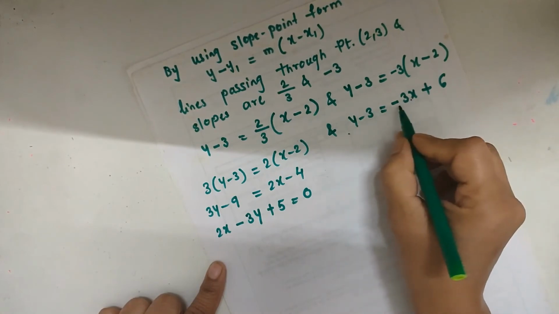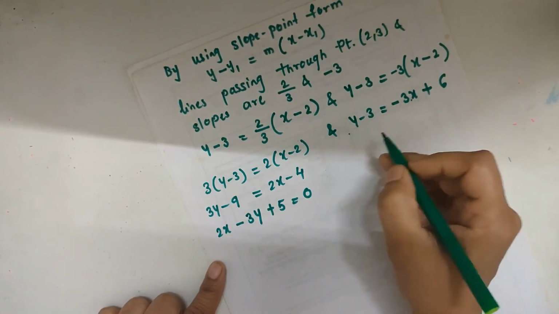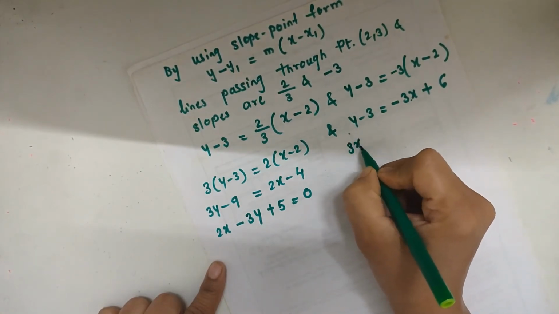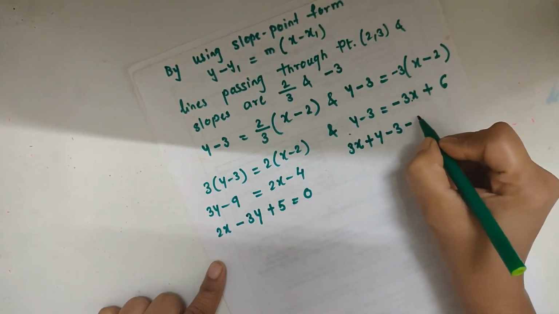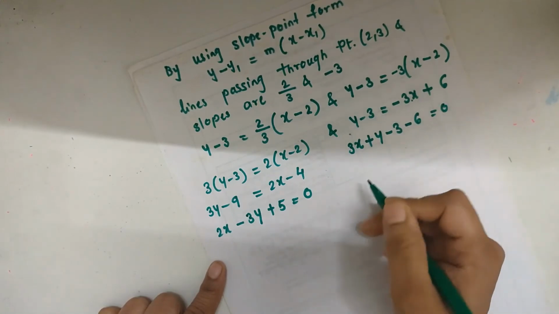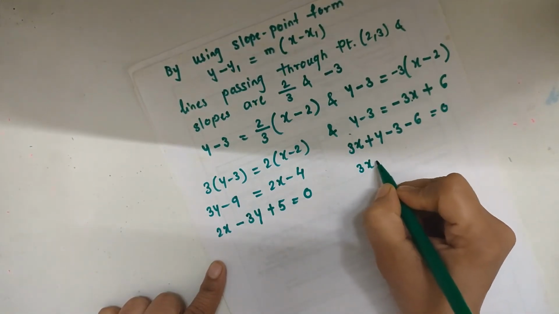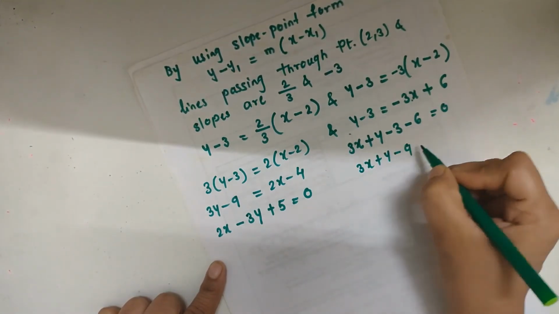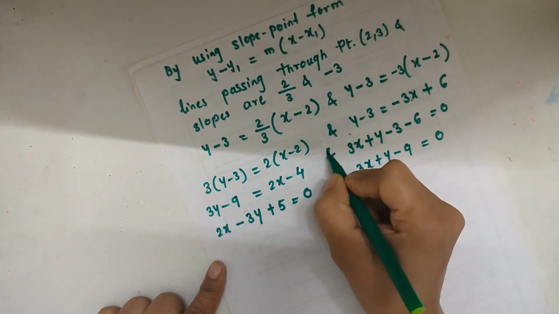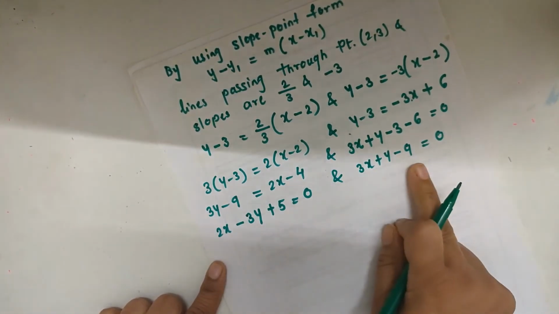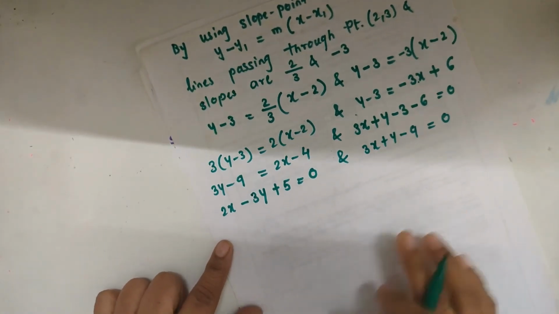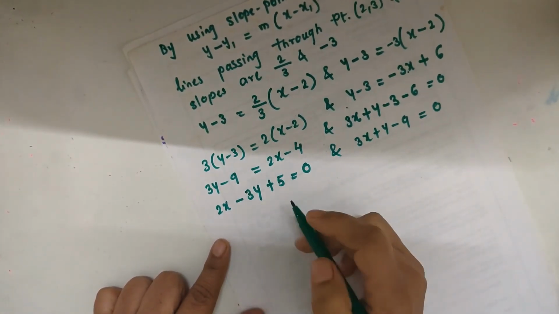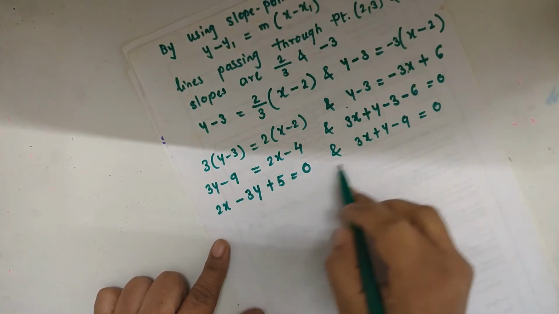Now shifting this minus 3x to the left side, we get plus 3x plus y minus 3 minus 6 is equal to 0. That is 3x plus y minus 9 is equal to 0. These are two equations of two lines. Now we have to find the combined equation of these two lines.